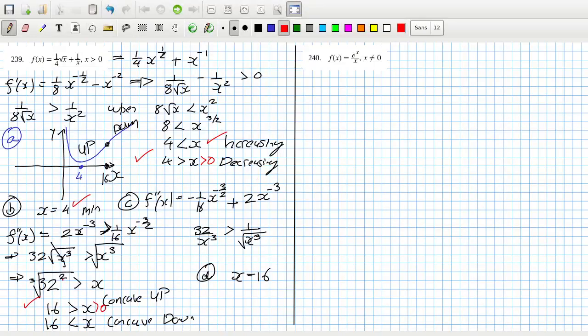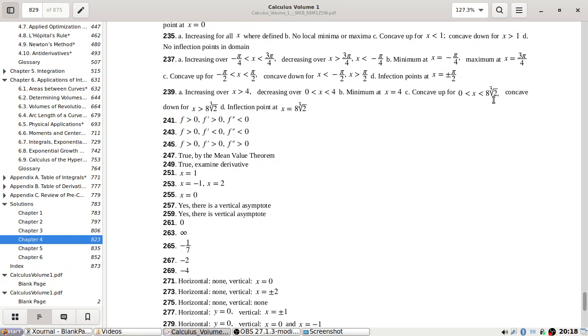Oh, is the cube root of 32 not 4? Oh, no, it's not. Okay, so it's the cube root of 32 squared. Okay. Yeah. Oh, which they can simplify.